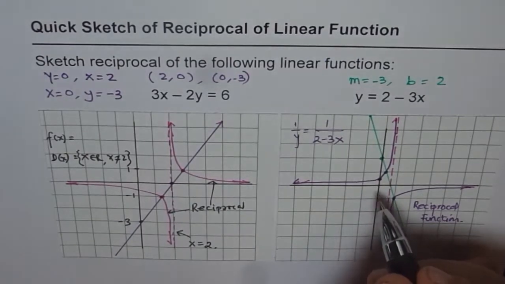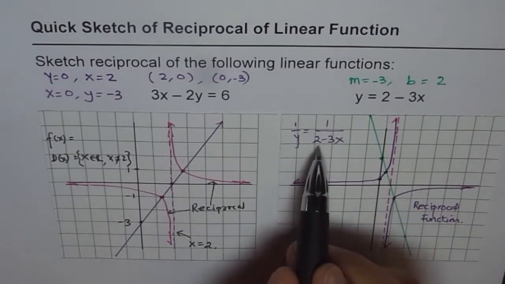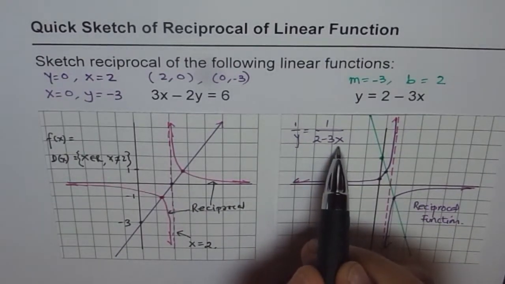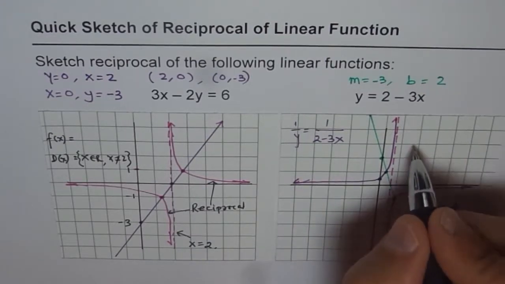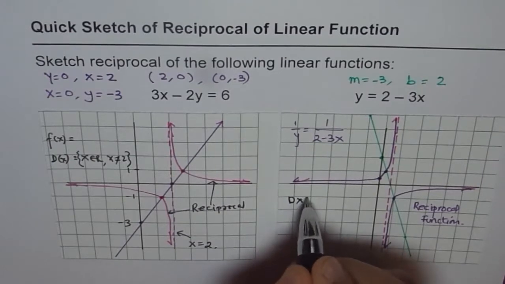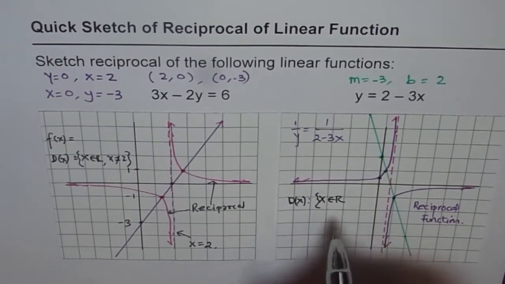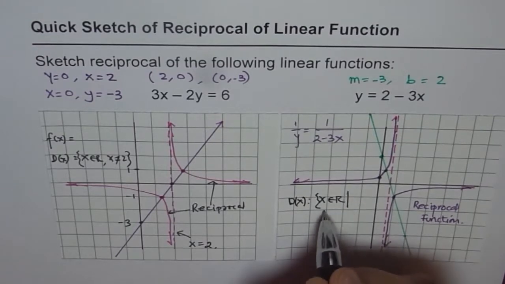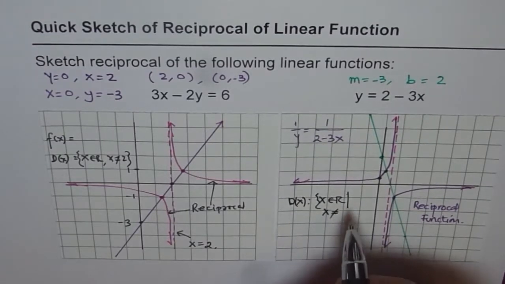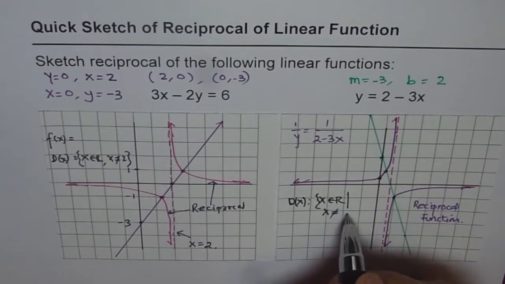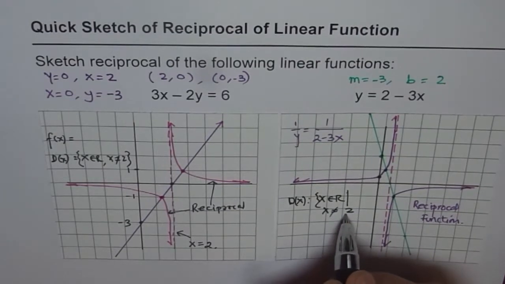And in this case, the domain is that the denominator cannot be 0. That is, x cannot be equal to 3 over 2. So here, the domain is x belongs to real numbers, but x is not equal to 2 over 3.